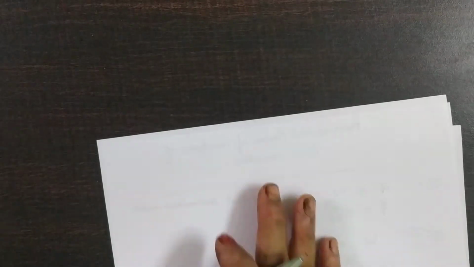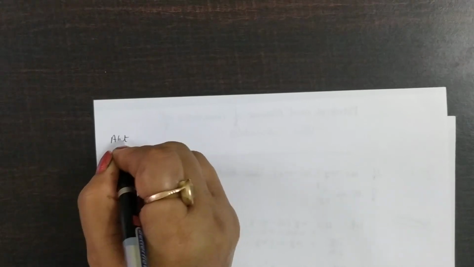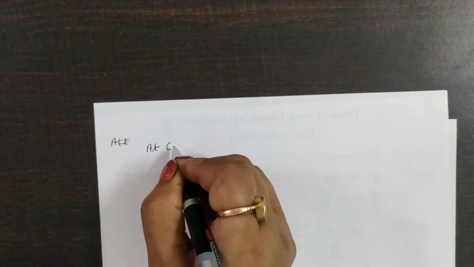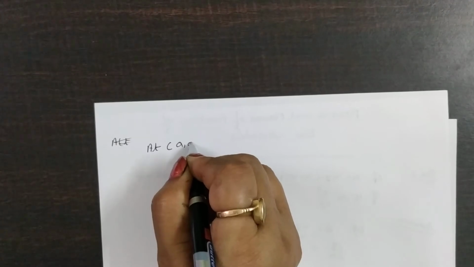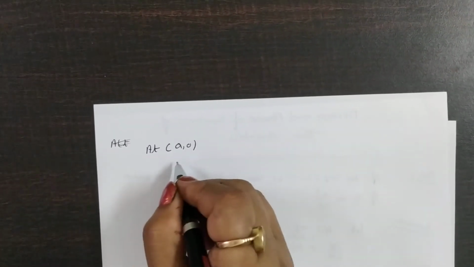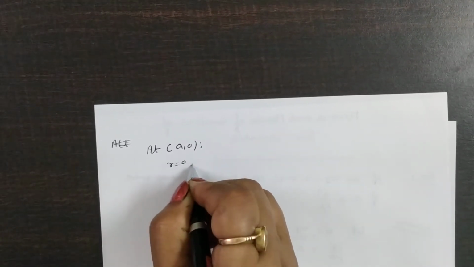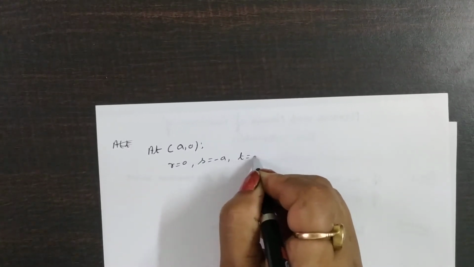Third case, at the point (a, 0). Here r is 0, s is minus a, and t is equal to minus 2a.